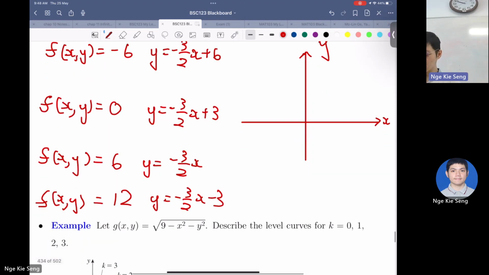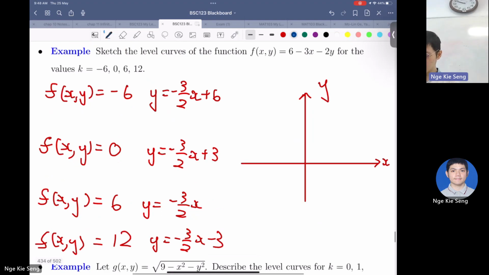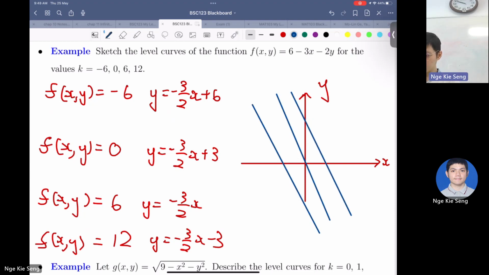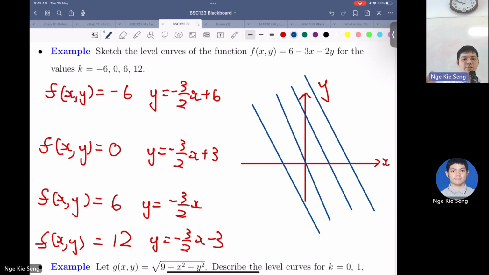So one of them is here, and then one shifted down by minus 3. So two of them at the top, and then like this. Okay, so this is the control map.